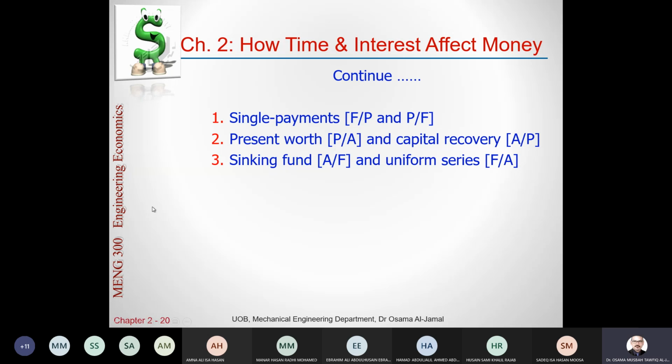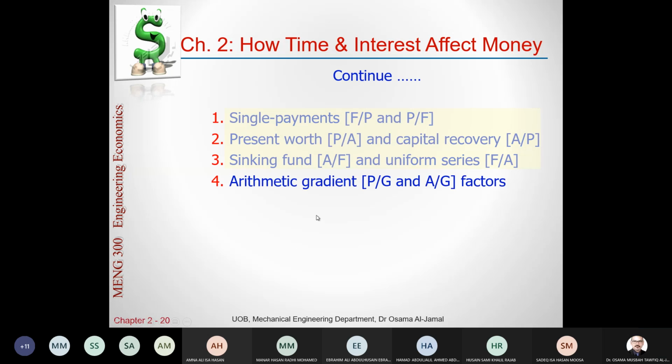Today, inshallah, we'll see the other section, which is about arithmetic gradient, P given G and A given G. And of course, when we say P, it means we can find also F given G. Arithmetic gradient. We'll see what that arithmetic is, why we convert that F given P, or P given F or P given A, why we put that G, because of the word gradient.